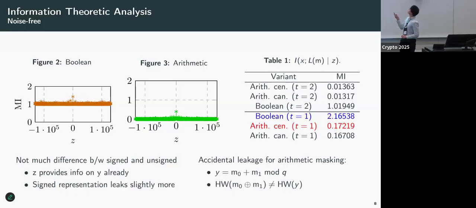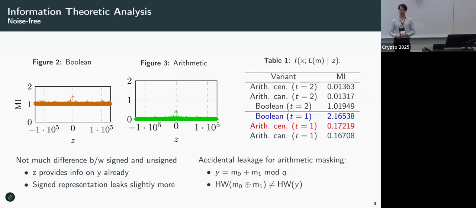right here. The upper table here is for the second order attack. We also analyze accidental leakage. What this means is that the shares might be recombined because of a compilation error or a programming error, and the result of XORing both shares might become a source of leakage. In the case of Boolean masking, the result of XORing those two shares together is directly the secret value.